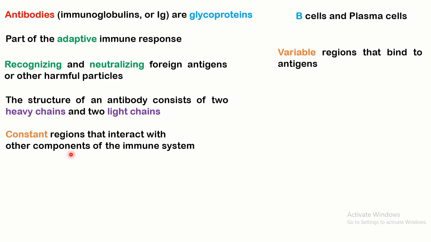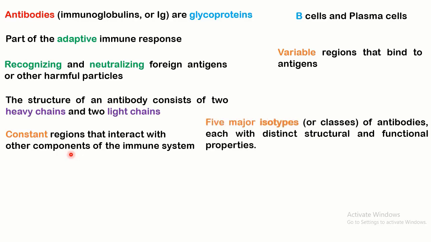Now, these antibodies are divided into five major isotypes. They are also known as the five major classes of the antibodies. Each of these classes has distinct structural and functional properties.